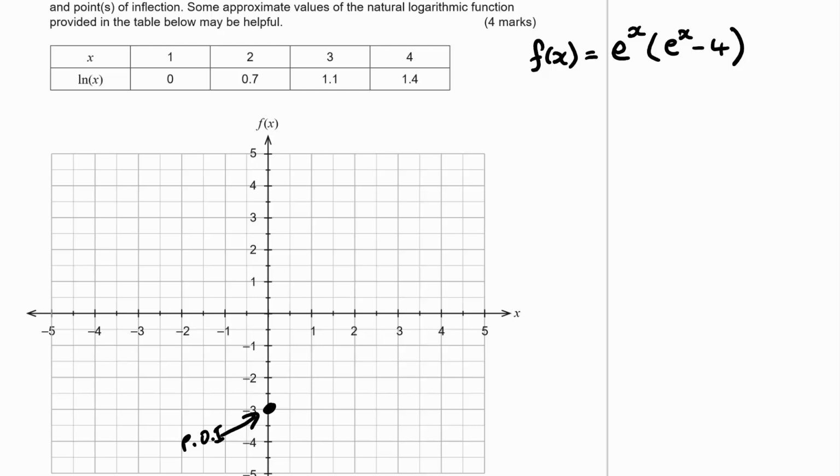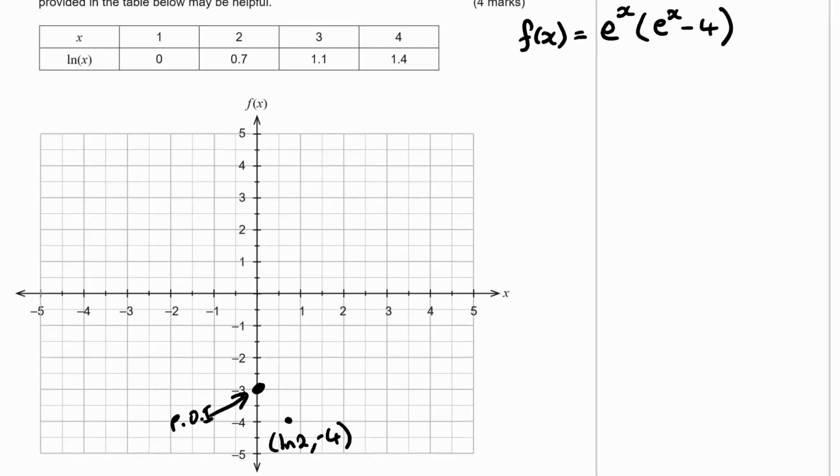We know there was a turning point at ln 2, negative 4. So ln 2 is 0.7 according to this table. So about there. So that's ln 2, negative 4. That's the turning point just there.